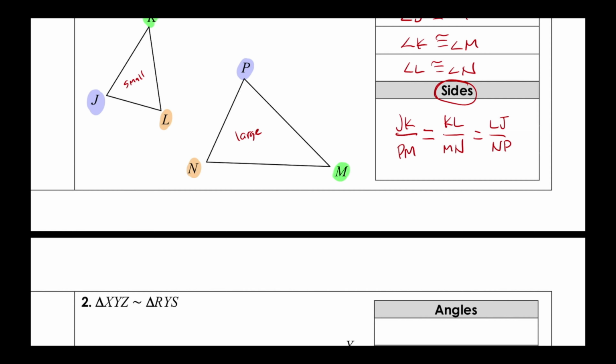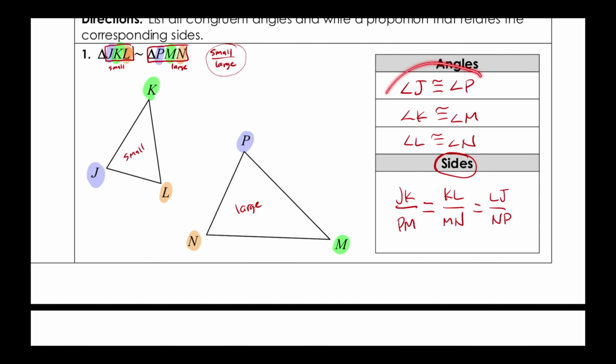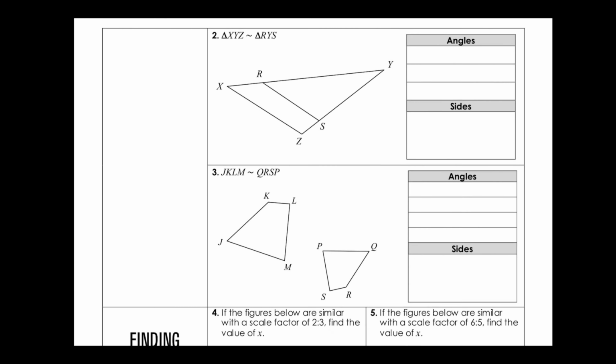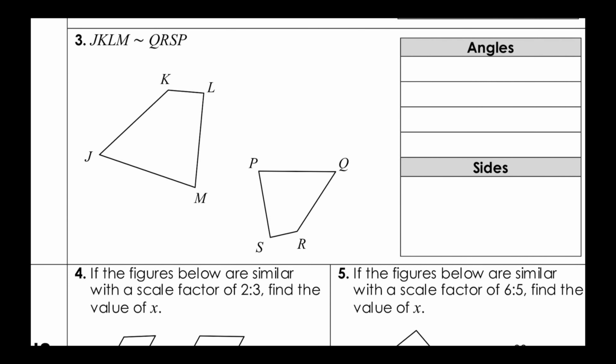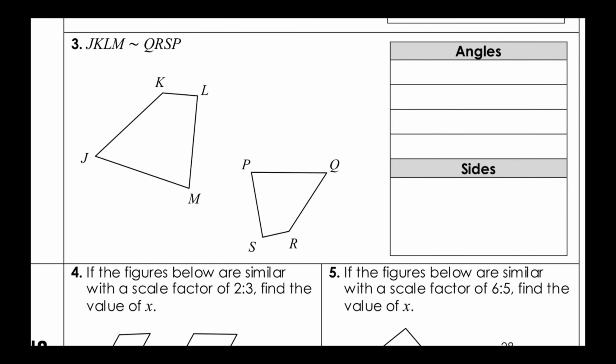Do exactly what you did in number 1. Tell me what angles equal each other, and tell me the sides that are matching, and make a ratio with the matching sides. Okay, we're making ratios with matching sides. And just follow the colors. If you don't know which sides match, follow the colors like green, red, yellow, orange, whatever you choose.